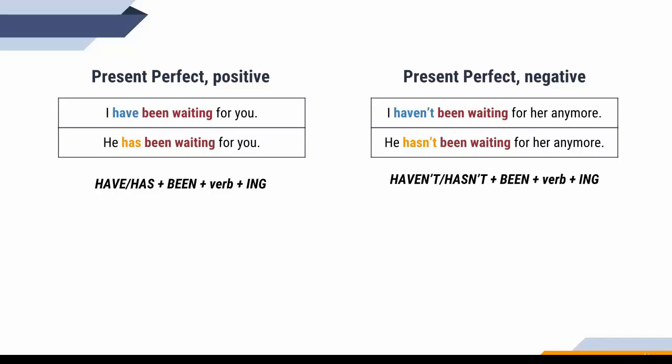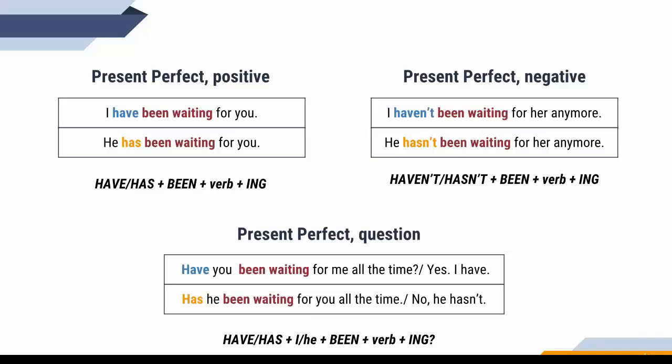It's logical, as it's almost the same as present perfect, I mean as structure. So the difference here again: haven't or hasn't, then been. Been is not the marker of passive voice. Been is the marker in this instance of present perfect continuous. After that comes the verb plus ing.